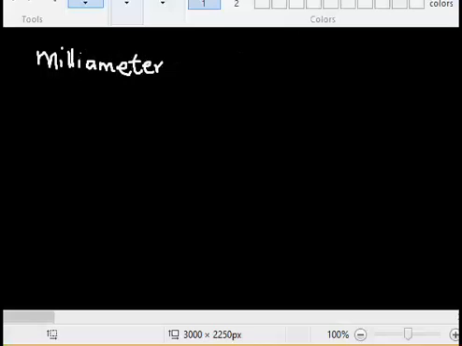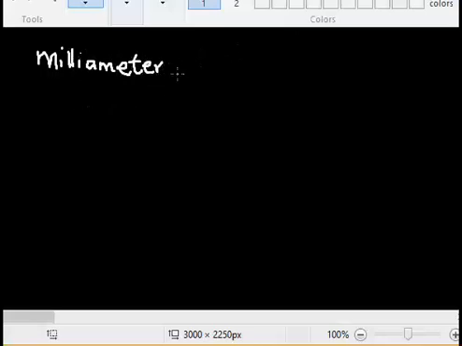Let's say you have a milliammeter. Anytime you hear of milliammeter, it's not a galvanometer.